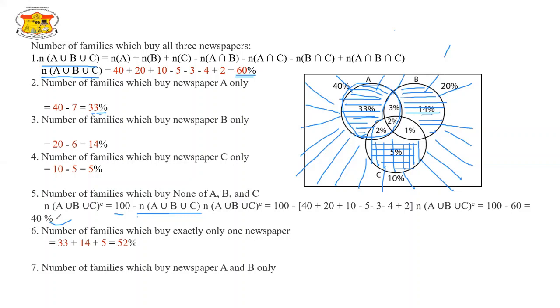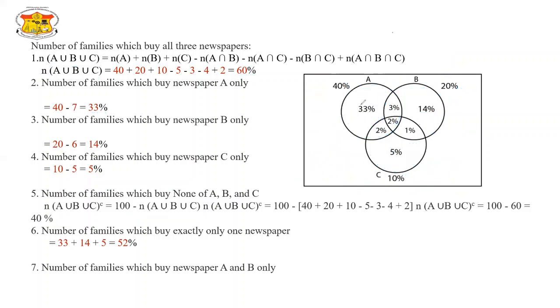Next question, number of families which buy exactly one newspaper. So see which parts are in exactly one newspaper in the Venn diagram.